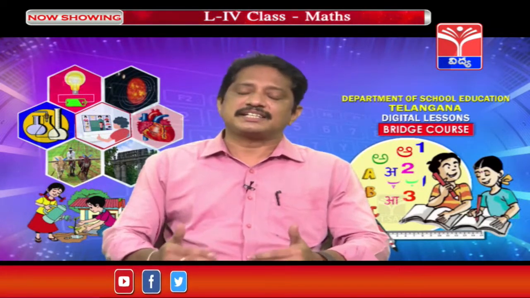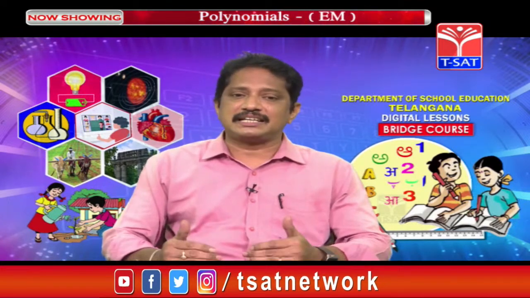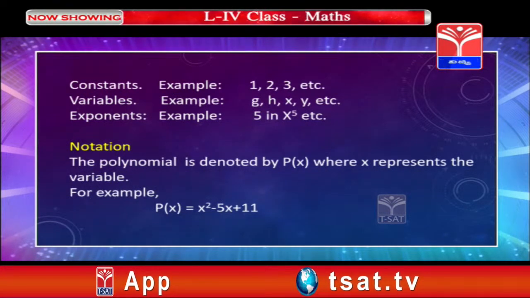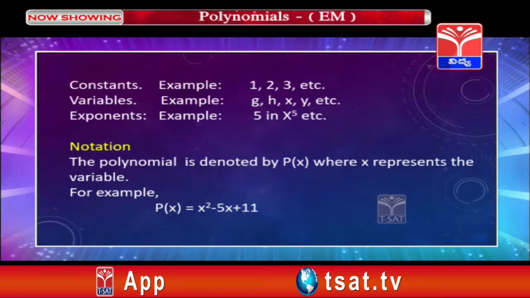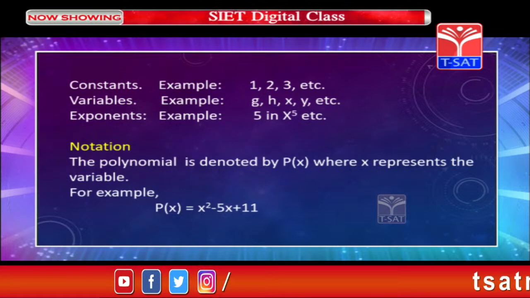Is it clear? Generally the polynomial is denoted by p of x or g of x, whatever it may be. In p of x, x represents the variable, p stands for the polynomial function, but of course the function is not there in our regular curriculum.